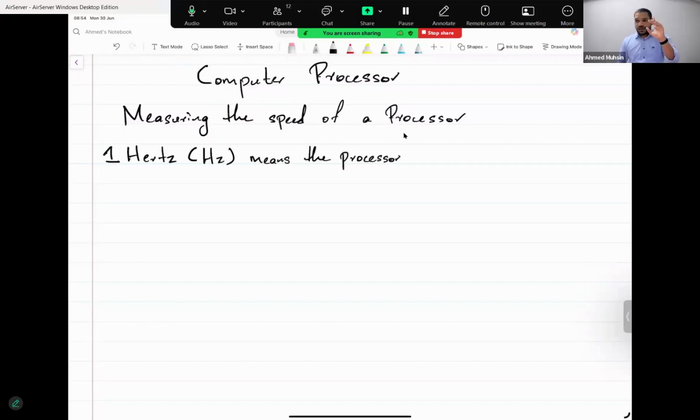What does 1 hertz mean? Every second, your processor can execute one instruction. Are you noting it down? This is the meaning of 1 hertz.